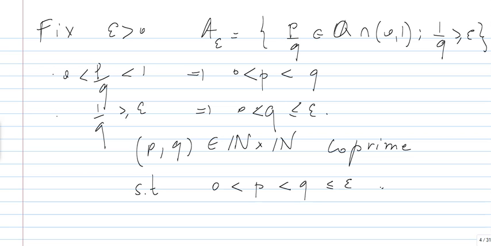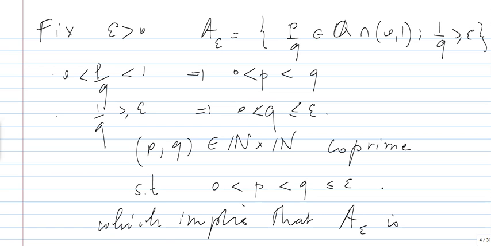So this set is finite. You only have finitely many natural numbers that satisfy these conditions, which implies that A epsilon is finite.